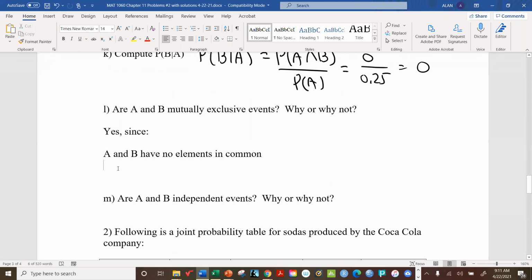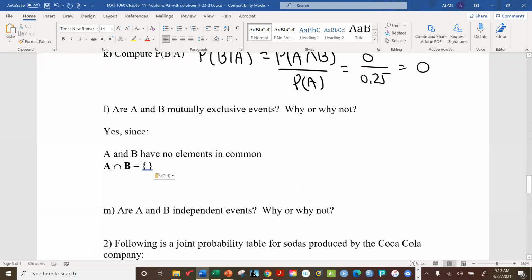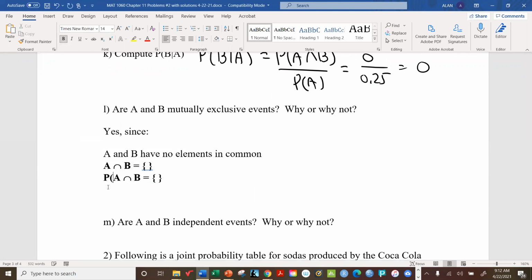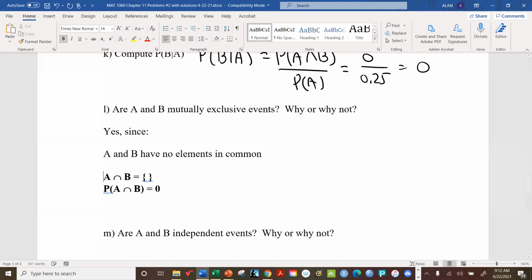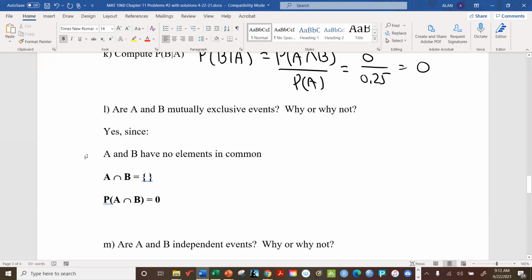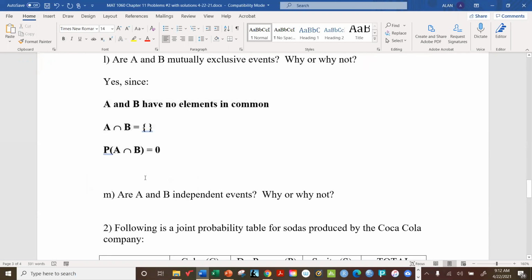That's a little bit more formal, but they both mean the same thing. And then the third possibility is to say, well, we discovered that the probability of this is 0, and that also implies that they're mutually exclusive. So there's three possibilities. You don't need all of them, just one will do. Okay, just remember that, just one.